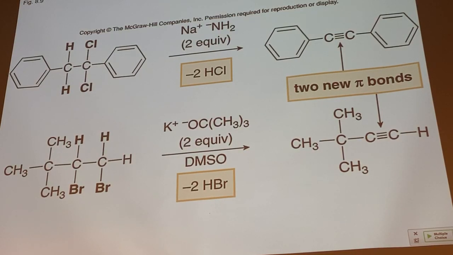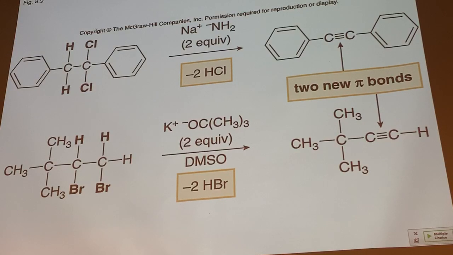So DMSO happens to be the best one that we know for solvating cations really, really well. So it's going to get that potassium cation away from the tert-butoxide anion, and then it's not going to solvate the anion. So by effectively solvating the cation and not solvating the anion, our tert-butoxide is as basic as possible in DMSO. Its basicity will be slightly lower in other polar aprotic solvents.